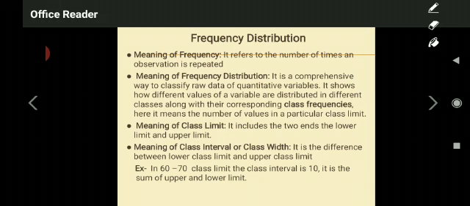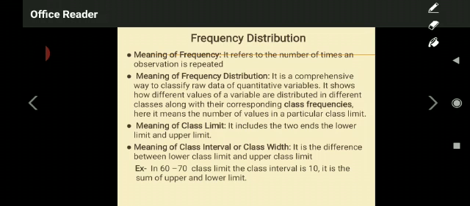It is a comprehensive way to classify raw data of quantitative variables. It shows how different values of a variable are distributed in different classes along with their corresponding class frequencies. Okay, I hope you understood. Here it means the number of values in a particular class limit. In a particular class limit, how many values are, for example, there?